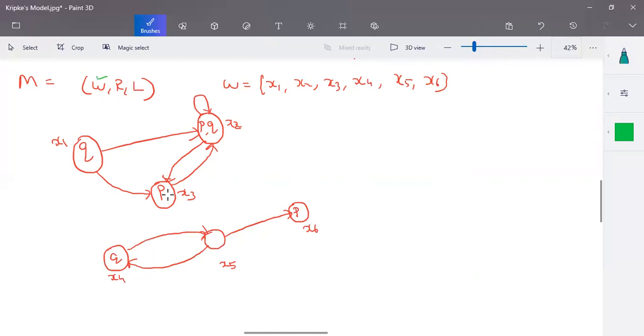One real-time example you can take over here is when I am going to visit some kind of place. X1 is the place where I am starting, and only one person Q is along with me. Next I'm going to reach X2 where P is going to join.